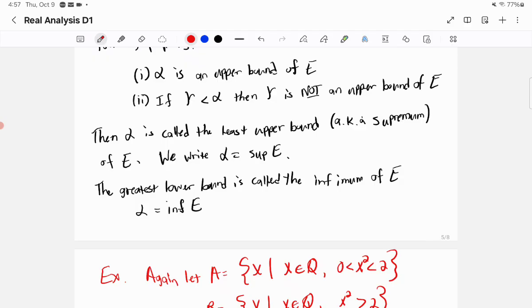the least upper bound of that set E, and we'll write it as the supremum.